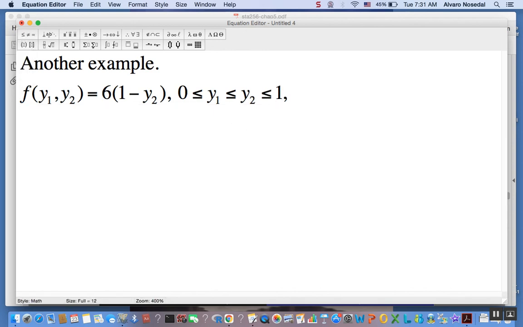Okay, and the joint density function will be 0 elsewhere.